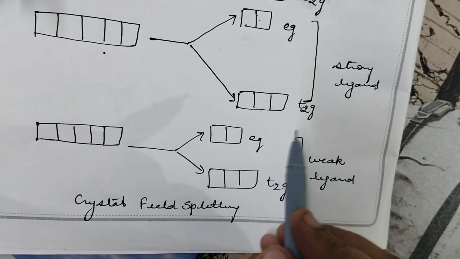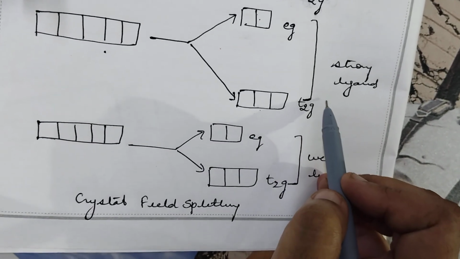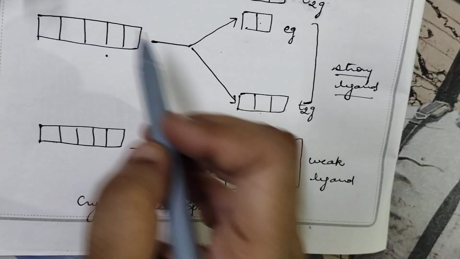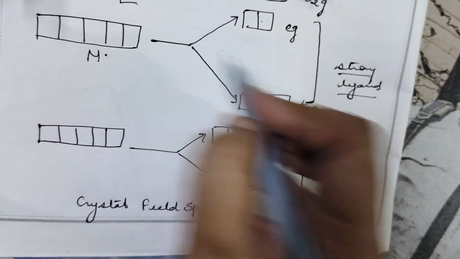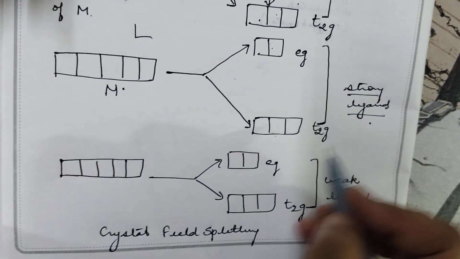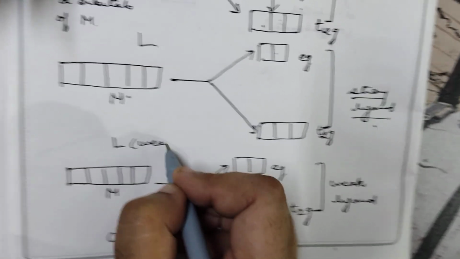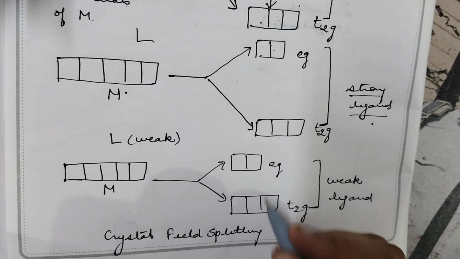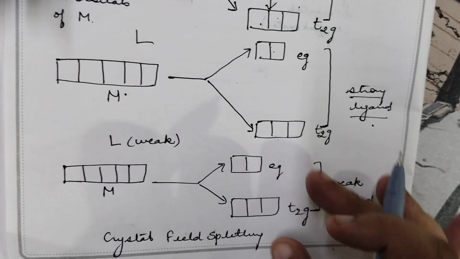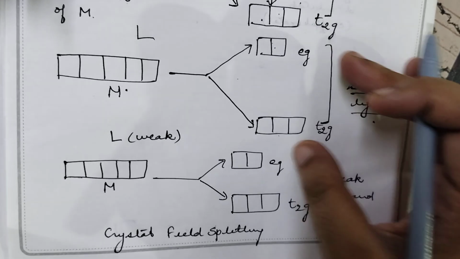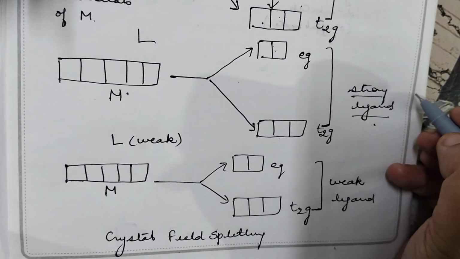And this splitting will be more when the ligand approaching the central metal is strong. And when this central metal is approached by a weak ligand, then this splitting will be less. So this splitting is more or less, it will depend upon the nature of the ligand.